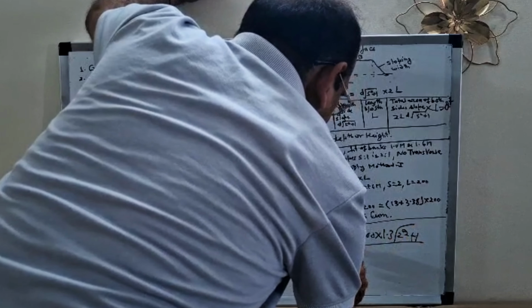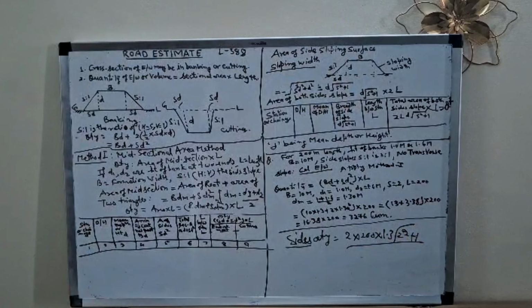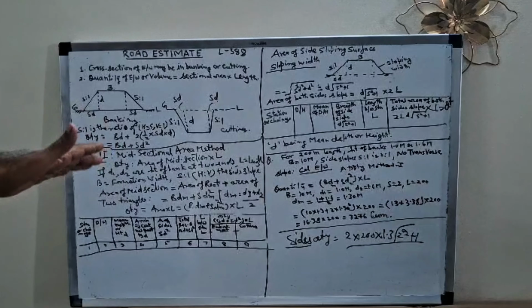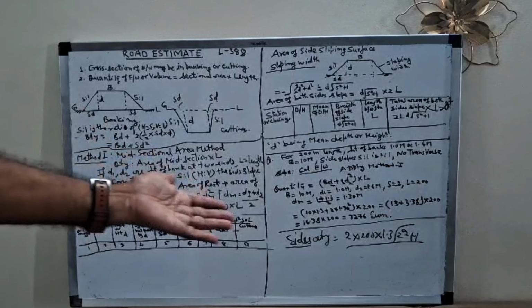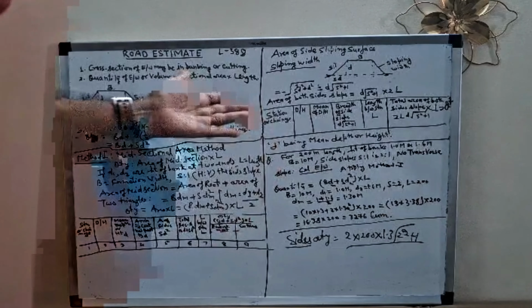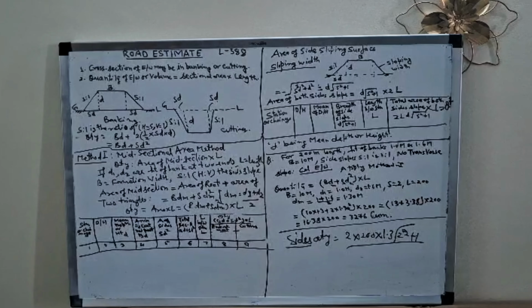This will be your quantity. You can calculate this and find out the turfing sides. This will give you the total quantity of surface required for pitching or for making slopes, something like that.